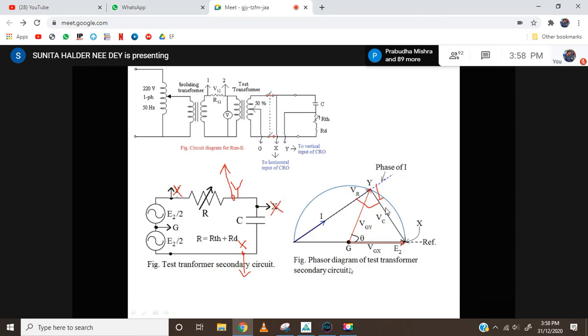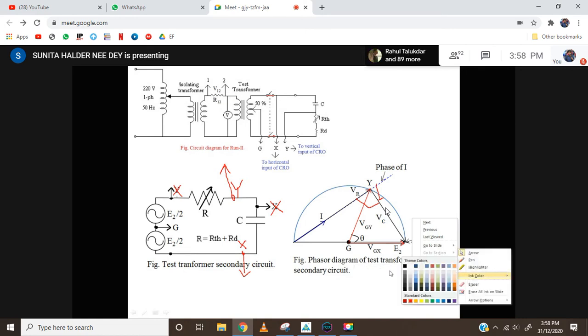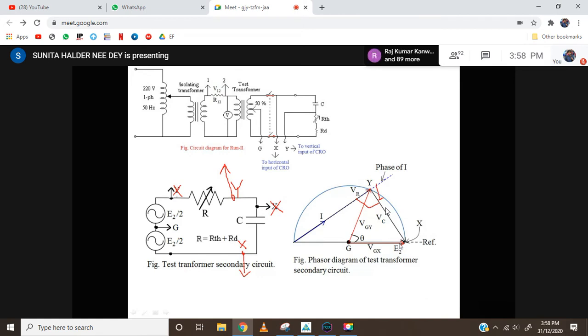Okay. Then actually we are measuring this angle theta. By varying R, if we change the R, what will happen? If we make R infinity, then VR will increase and VR will be almost equal to E2. VC will gradually go to zero, because if we increase R, all voltage will be dropped across the resistance.